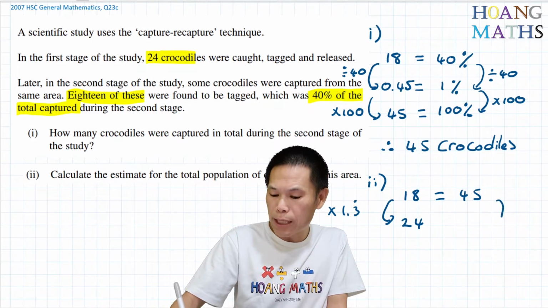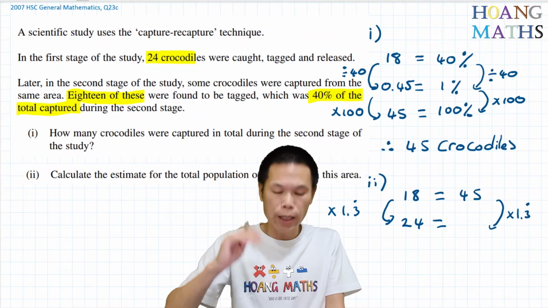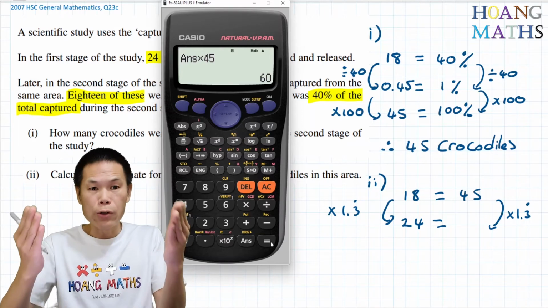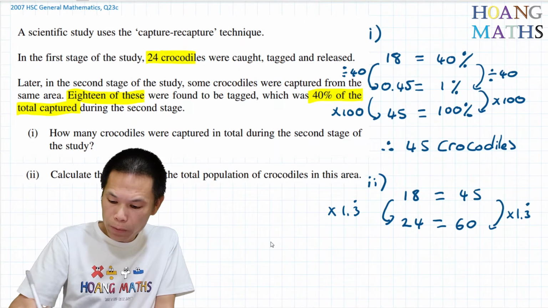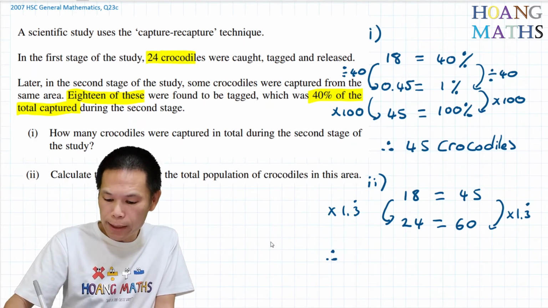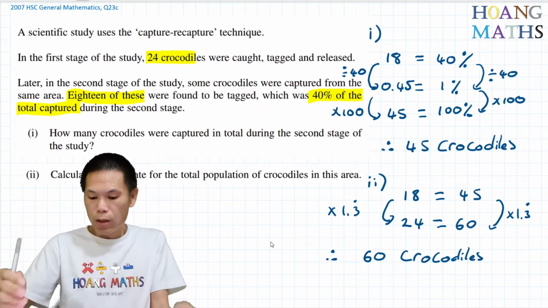So we times this by 1.333. And then we times the same thing on this side. So I just go answer times 45. There you go, 60. So therefore, there are 60 crocodiles.